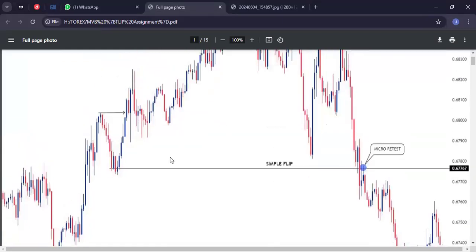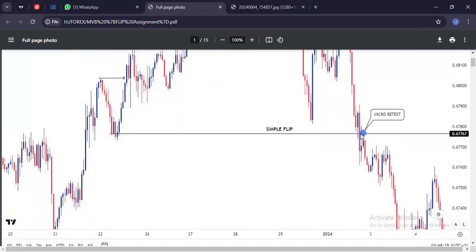So this was the liquidity engineering here, as you can see. The market breaks below, then changes the character, but the market came back and closed below this decline point. So the market performed a micro retest there.